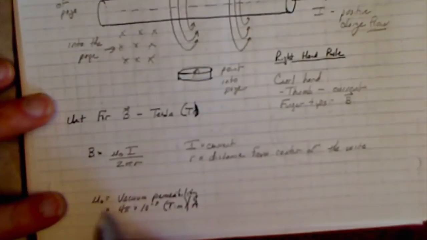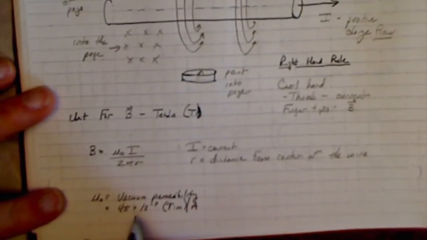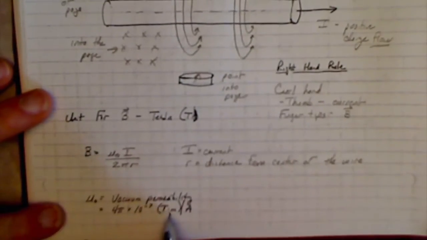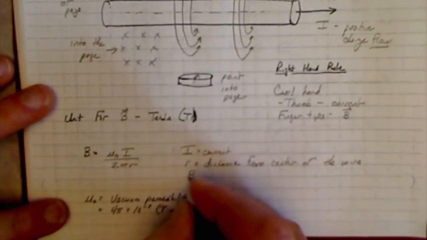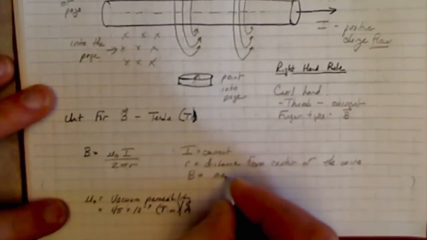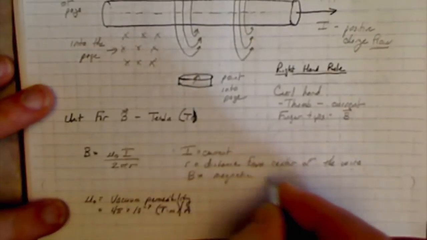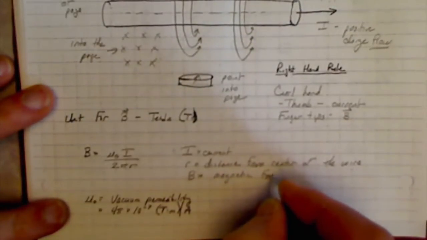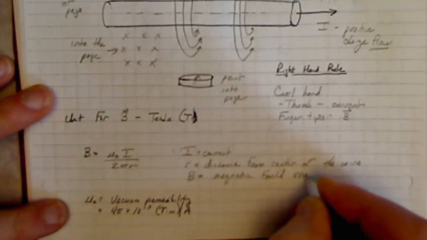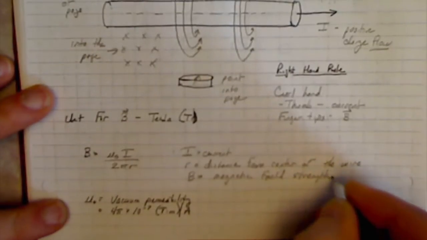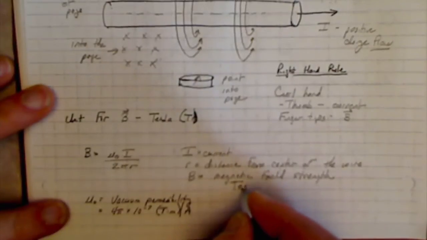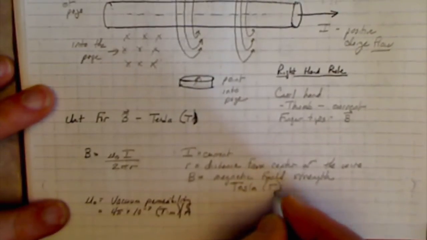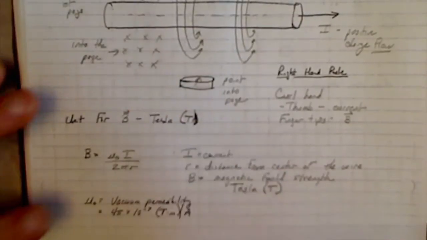Mu0 is 4 pi times 10 to the negative 7th Tesla meter per ampere. B is the magnetic field strength, and it's measured in a unit called Teslas. Yes, named after Nikola Tesla.